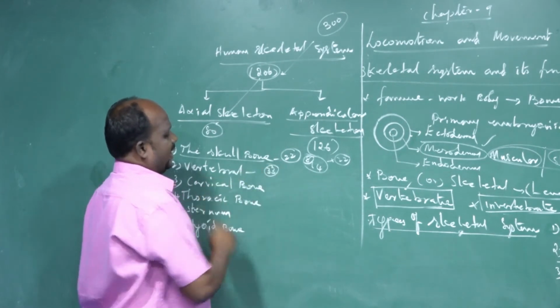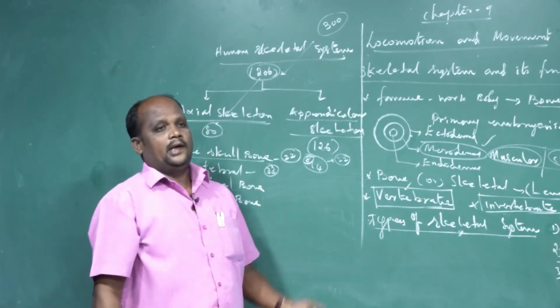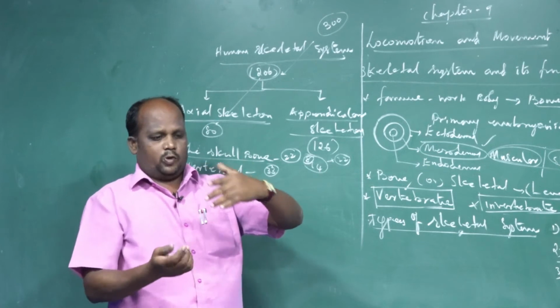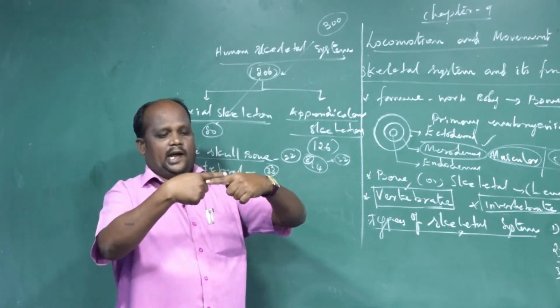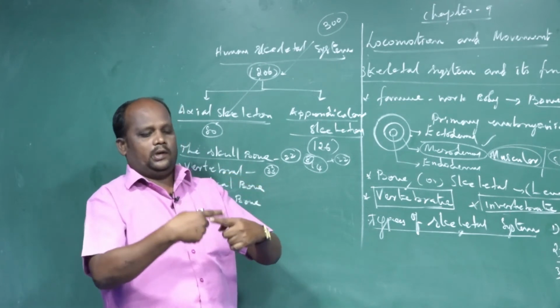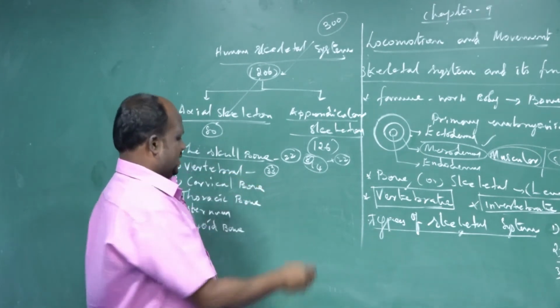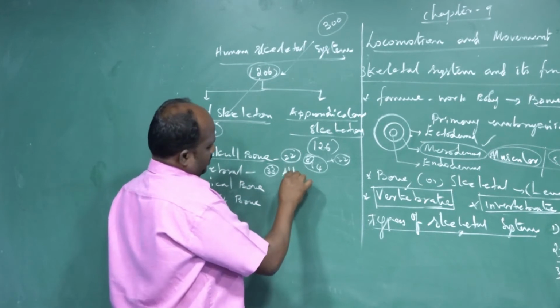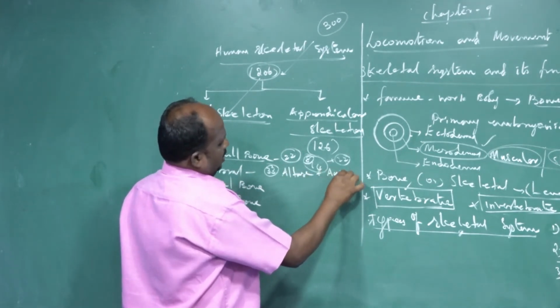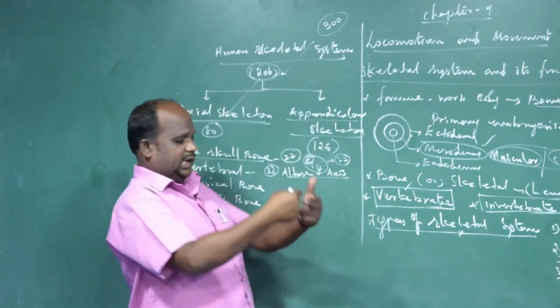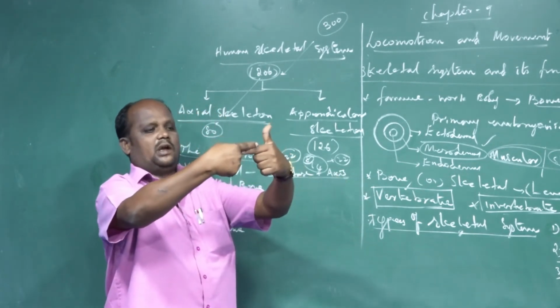The serial arrangement of vertebral bones is 33, each bone arranged one by one. The first bone is called atlas, the second bone is called axis. Atlas and axis, serially arranged, are called vertebral bone.